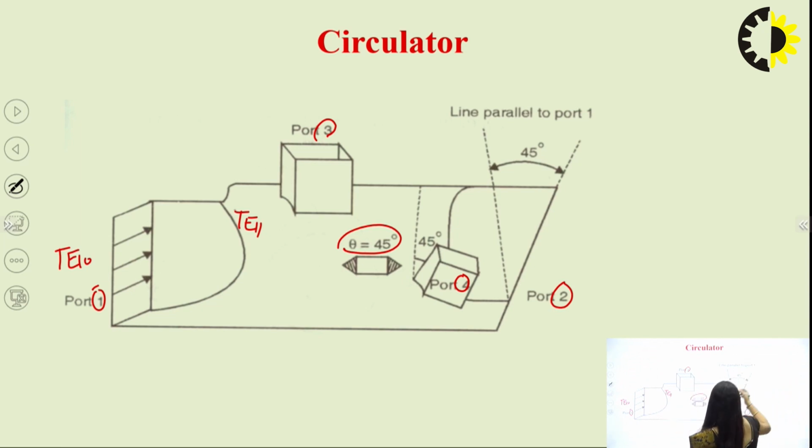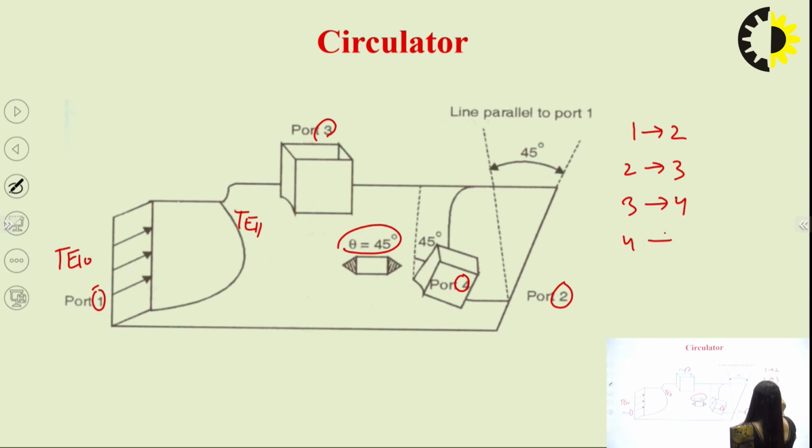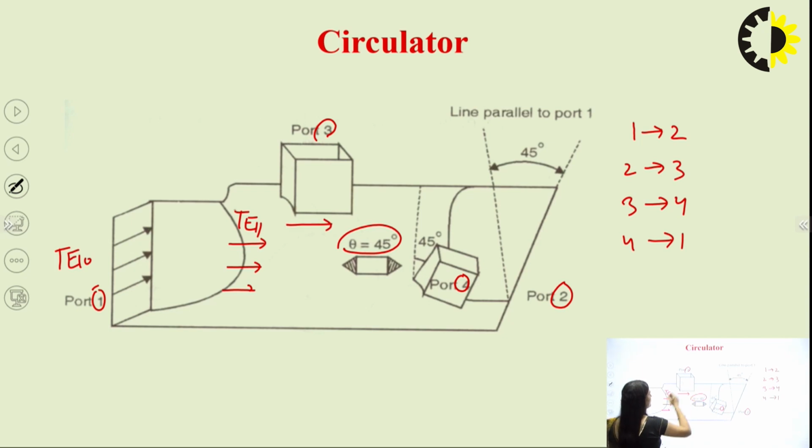As 1 is connected to 2, 2 is connected to 3, 3 is connected to 4 and 4 is connected to 1. See how the waveform entering this waveguide is converted into TE11. Now the waveform is coming like this. This port is perpendicular to this waveform. It means port number 3 will not absorb the power coming from port number 1.